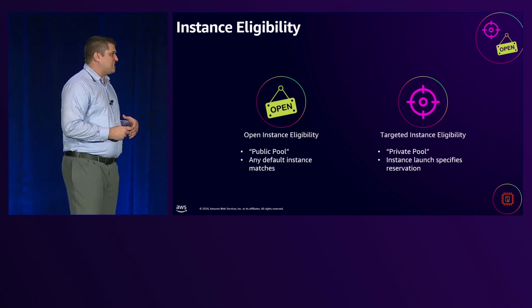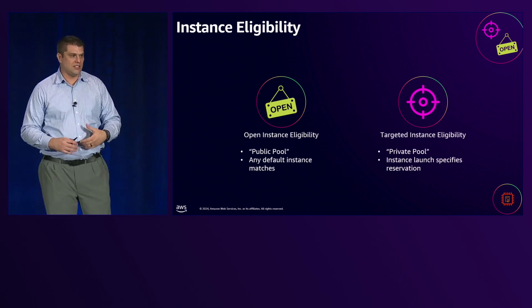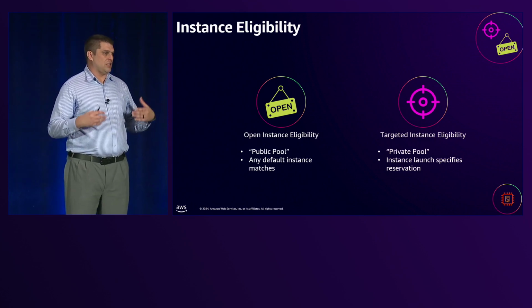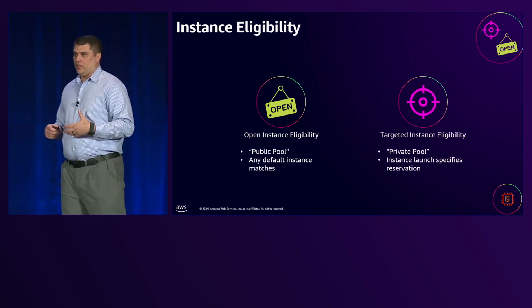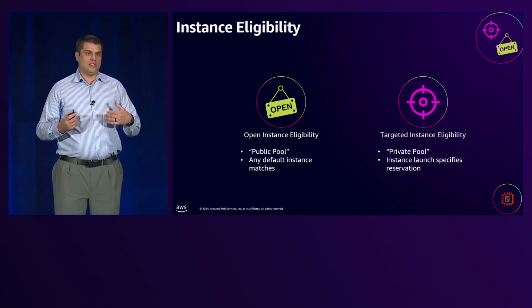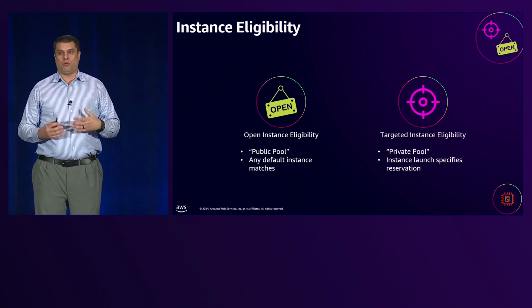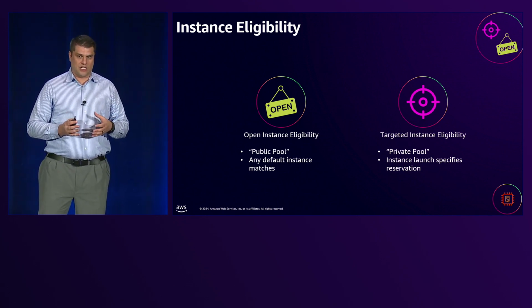I would probably say 70% or so of our customers use open because it's easy to use and it works. Now, the other 30% use what's called targeted instance eligibility. This is where you create a private pool within your account so that no one else can touch it.